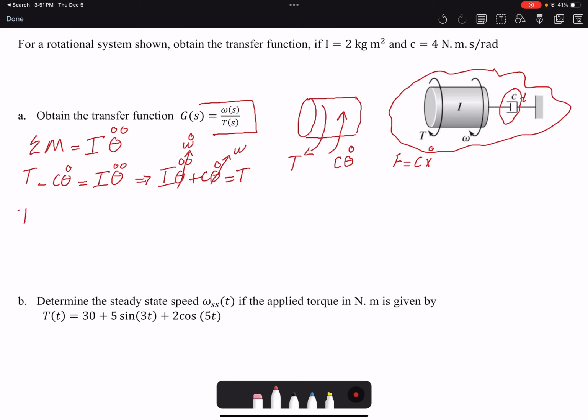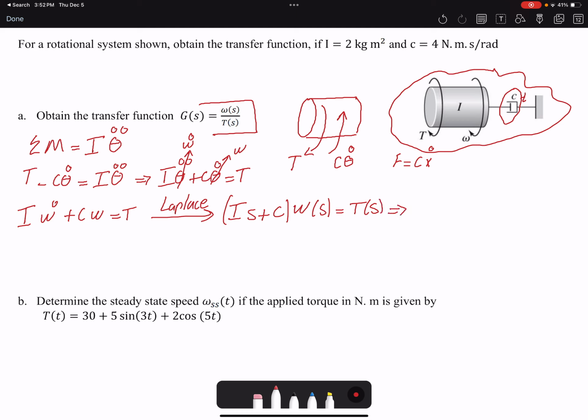So I can write I omega dot plus C omega equals T. And if I take a Laplace of this to find a transfer function, that was one of the definitions of transfer function, that it should be in Laplace domain, would be (Is plus C) omega(s) equal T(s).